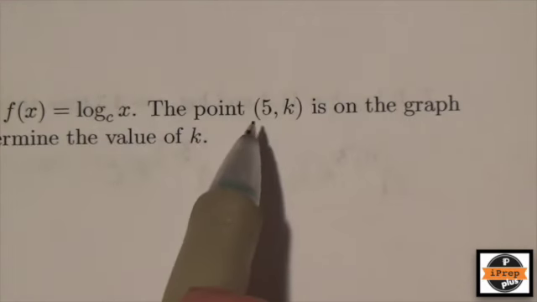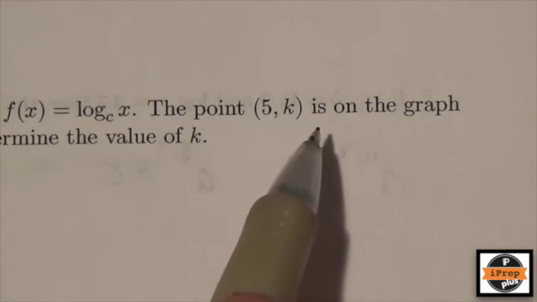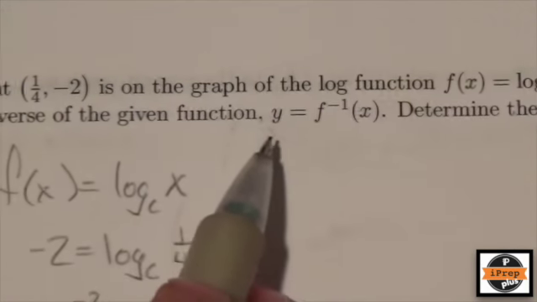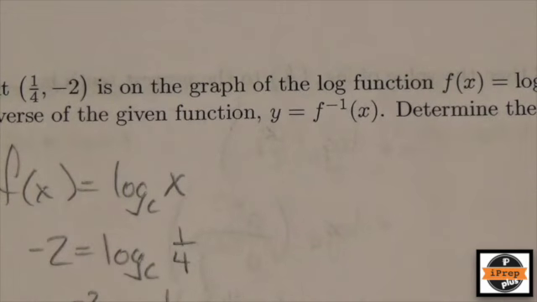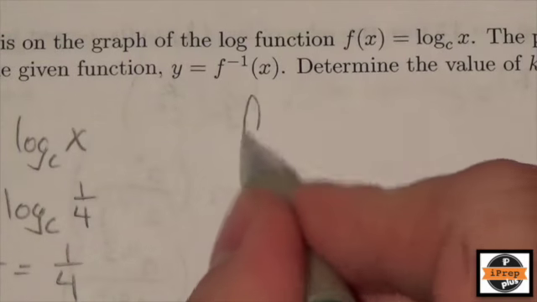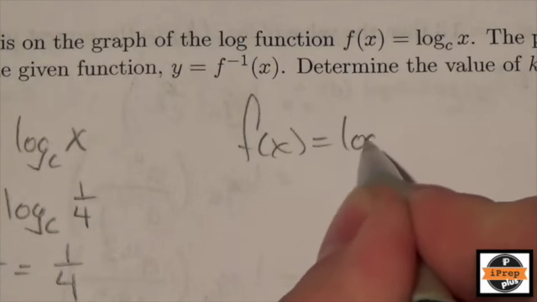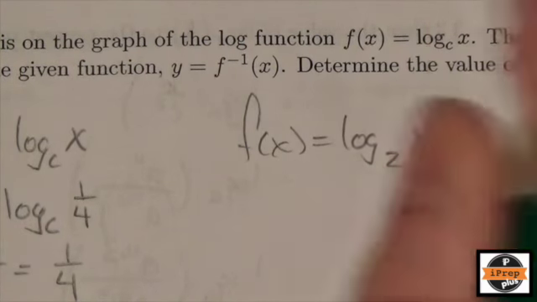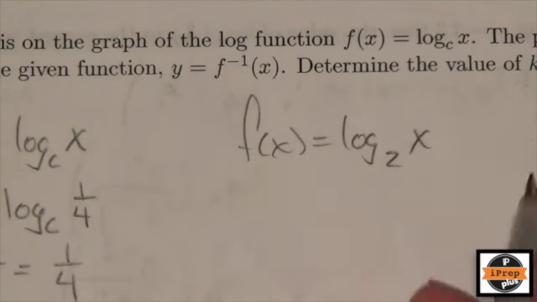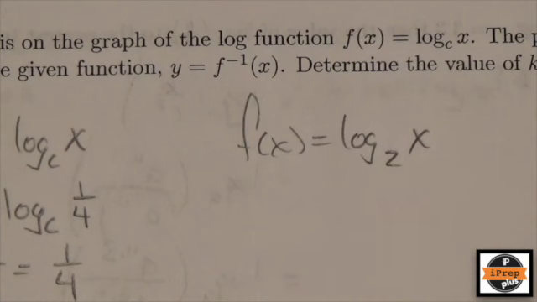So with that in mind, I'm going to keep looking at the rest of the problem. It says the point 5 comma k is on the graph of the inverse of the given function. Now I've got f of x is equal to the log base 2 of x, because I just figured out what c is. The question is giving me a point on the inverse.